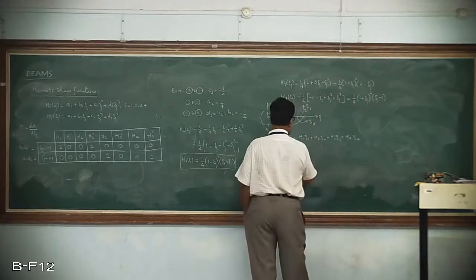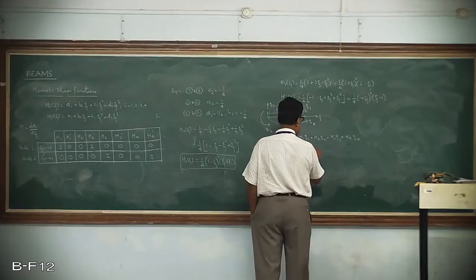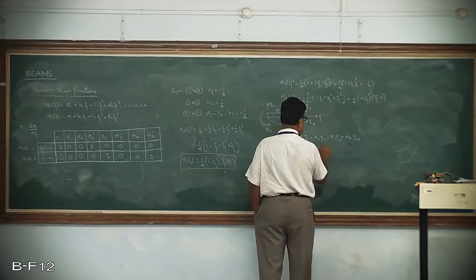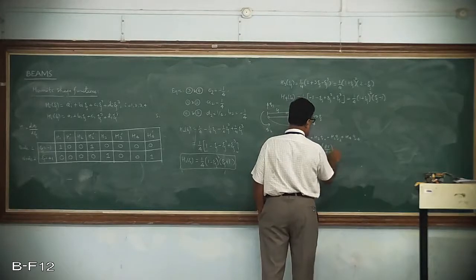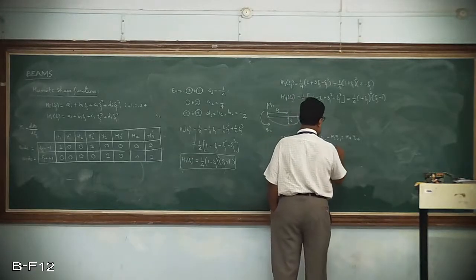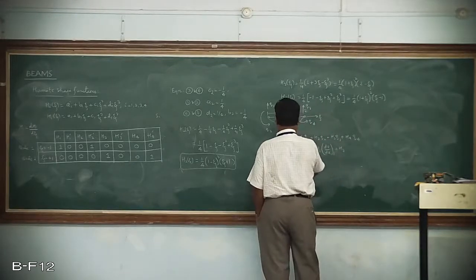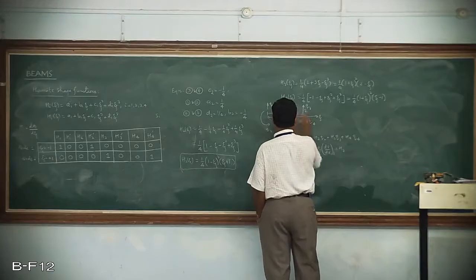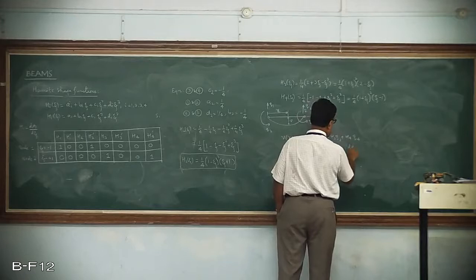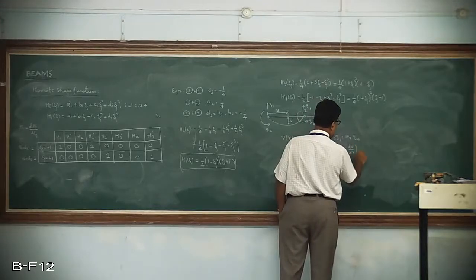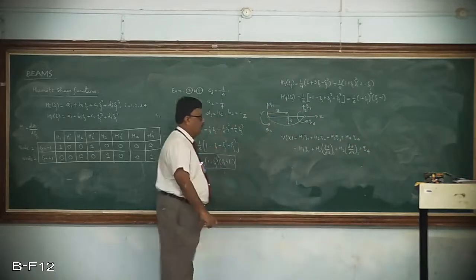This can also be written as H1 Q1 and H2 is there, obviously. Q2 is nothing but dV by dx at 1, and H3 Q3 is the deflection at 2. Of course, please remember, this is the deflection at a given value of x. And Q4 is dV by dx at 2. So these are the values which are to be found out.